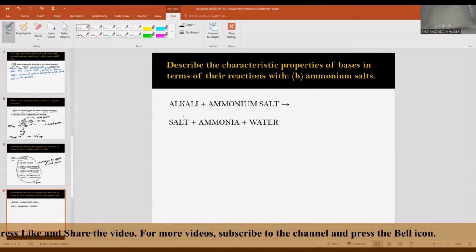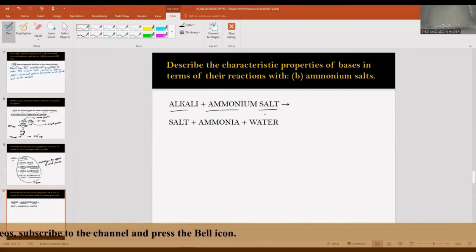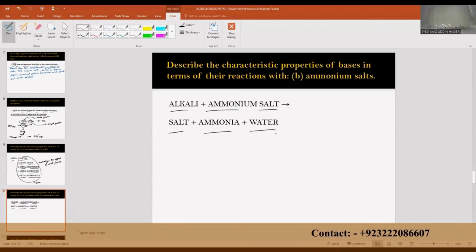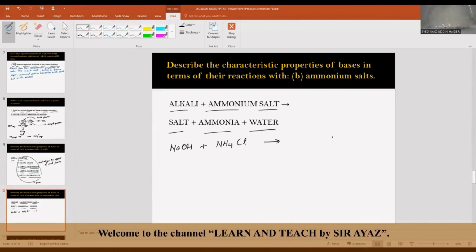Now, when you react alkali with ammonium salt, you will get three products: salt, ammonia, plus water. This is true for all the alkalis. They all will react with ammonium salt, releasing ammonia gas. You can take an example of alkali, NaOH is alkali. When you react it with ammonium salt like ammonium chloride, NH4Cl, you will get salt plus ammonia.